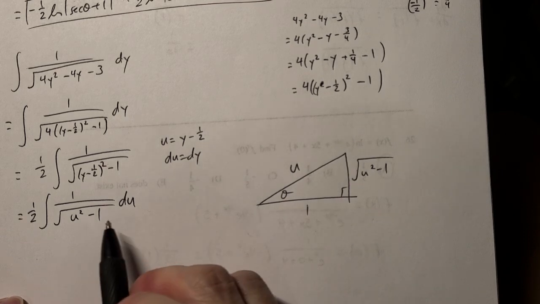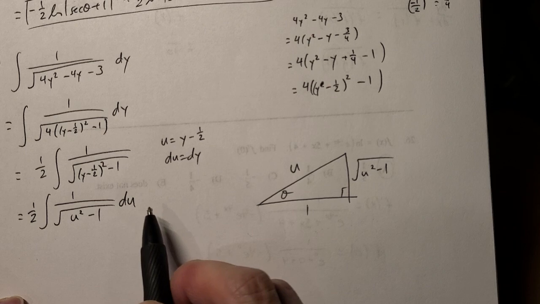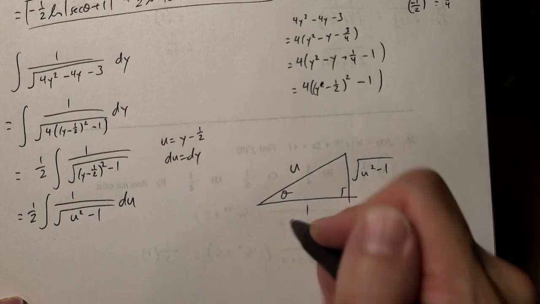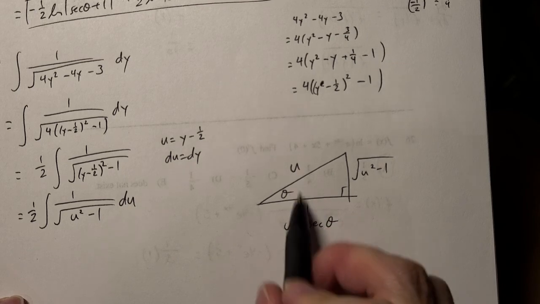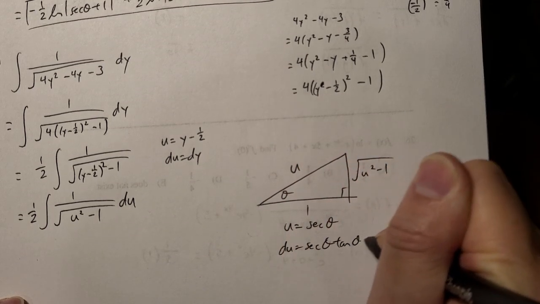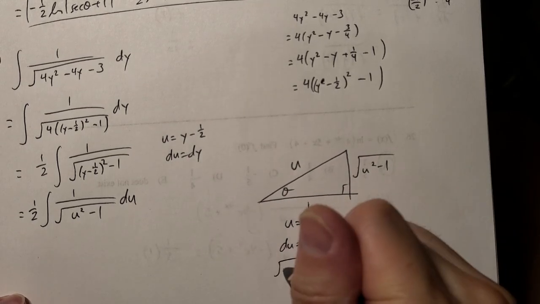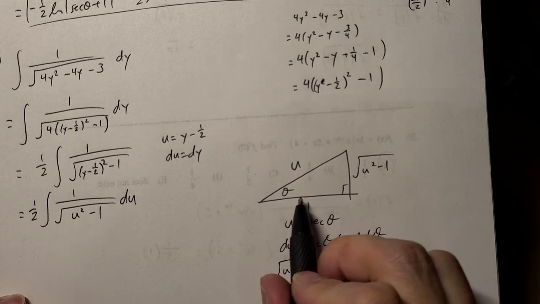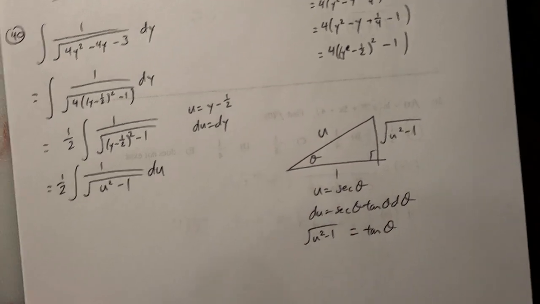Okay, so let's substitute everything in terms of theta. I need u to get du, so let's get u. u is secant theta, since secant theta is u over 1. So du is secant theta tangent theta d theta, and then we can substitute the square root term. What would that be? That is tangent theta from the triangle.